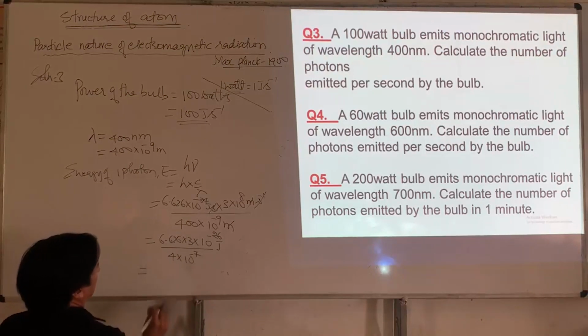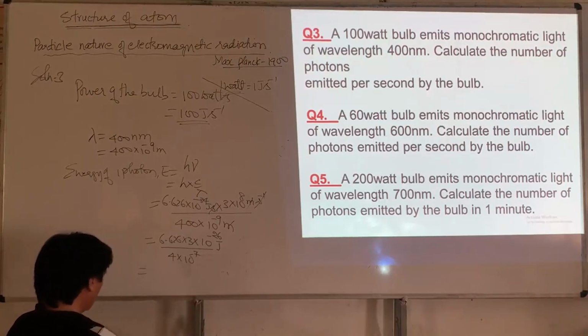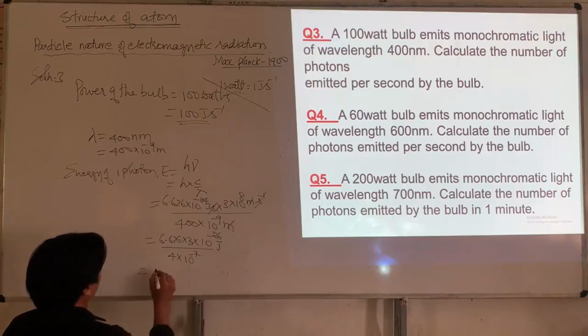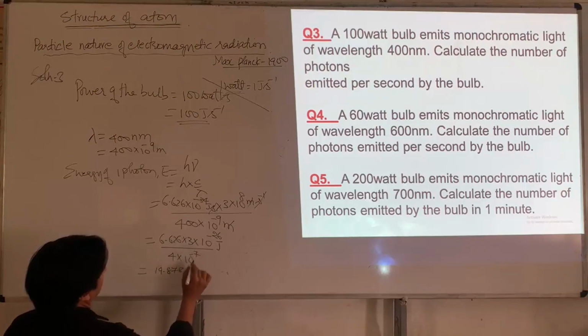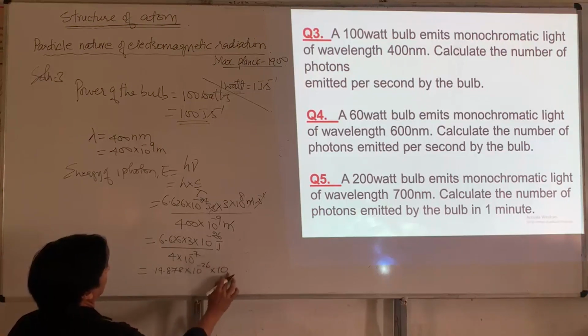So let's see, I'll just write down the answer straight away. 6.626 into 3 is 19.878, into 10 raised to the power negative 26, into, taking this on top, 10 raised to the power positive 7, the whole divided by 4.